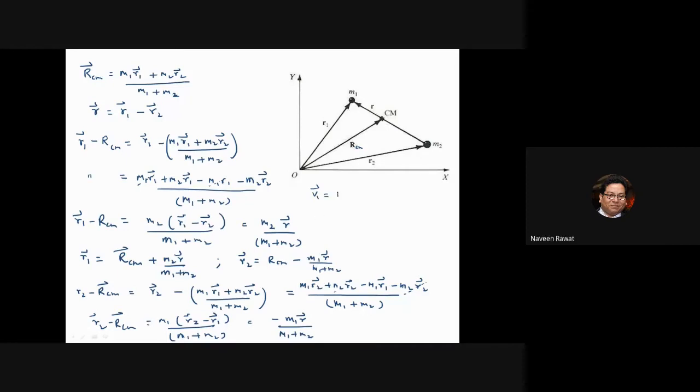So you get R dot of center of mass plus M2, which is constant, and M1 plus M2 is again constant. Then here I will get the coordinate small r dot as my term in the expression. Similarly, I can find velocity 2, and that will be R of center of mass dot minus M1 r dot, divided by M1 plus M2.